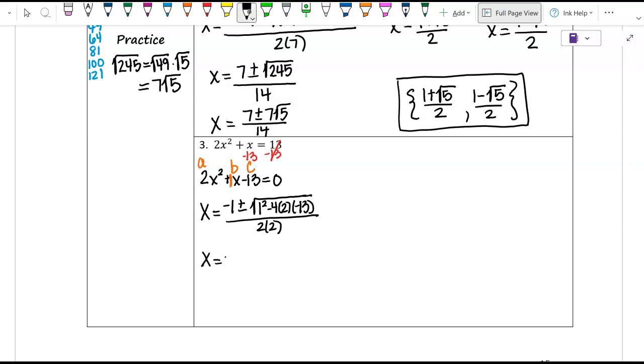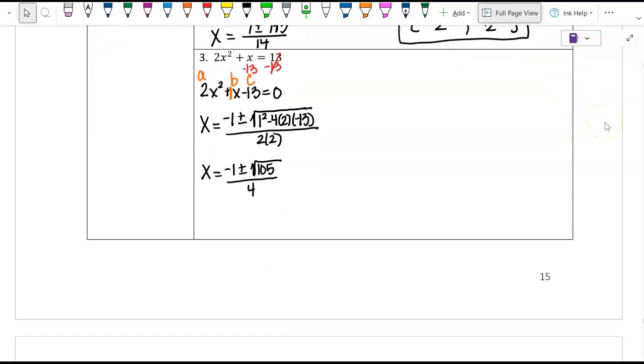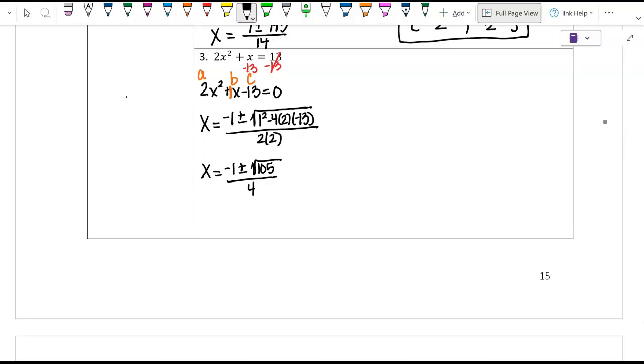So x equals negative 1 plus or minus something under the radical divided by 4. What value goes under the radical? 105. Again, it's a positive 105, so it's not an imaginary solution. I do have to see if I can simplify 105.